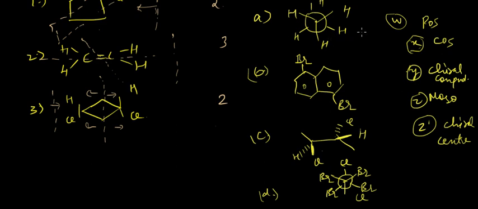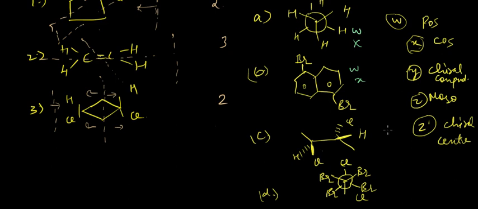So the first one has POS. If it has POS, does it have COS as well? Yes, it has COS. There is no chiral center. The compound is not a chiral compound. Okay, for the second one, it has POS. Does it have COS? Yes, it does have COS.